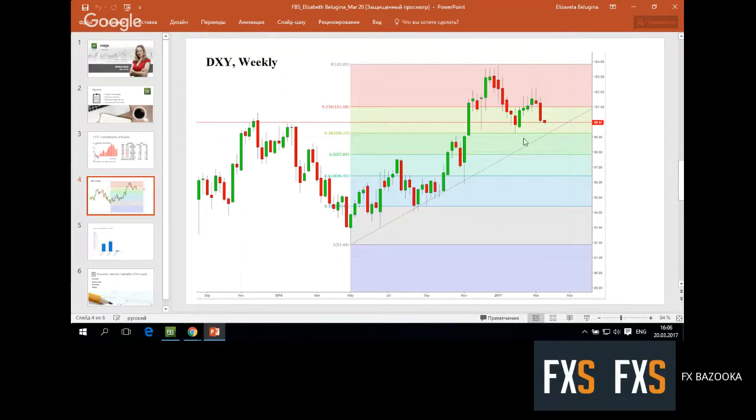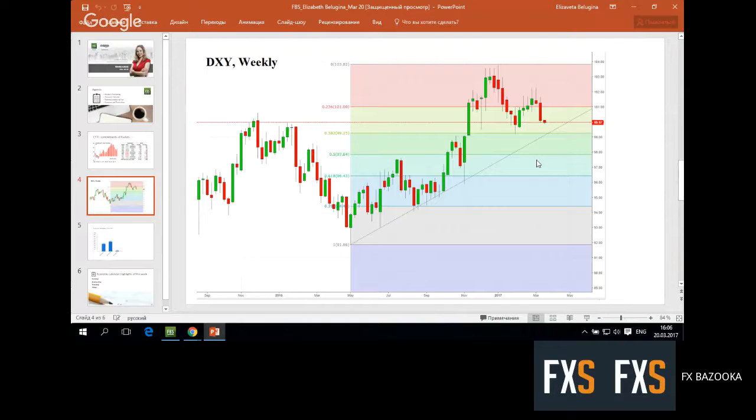So the odds are that we'll see the US currency test this level in the US dollar index, the area between 99.25 and 99. If we see a decline below this point, then it will probably open the way down to the 98 level for the US dollar index.